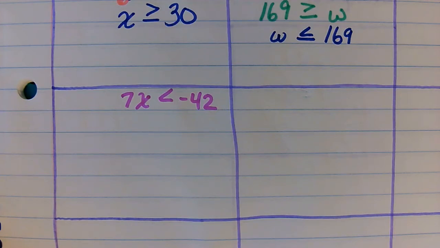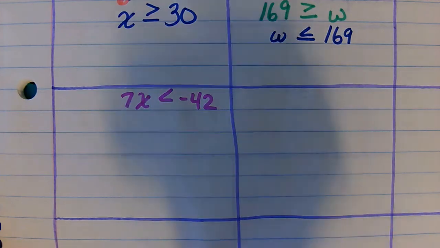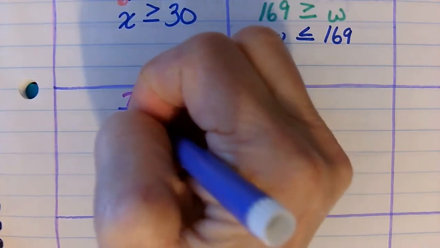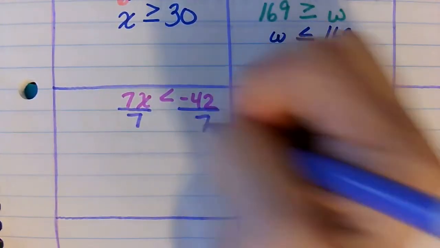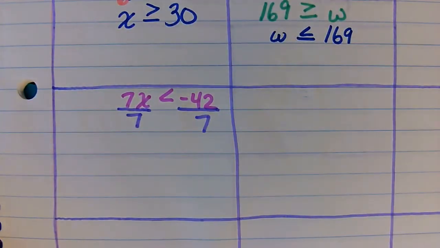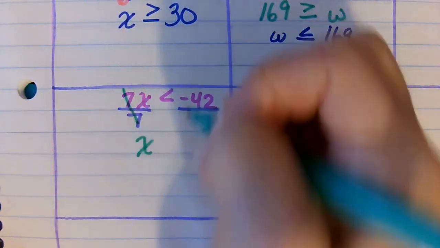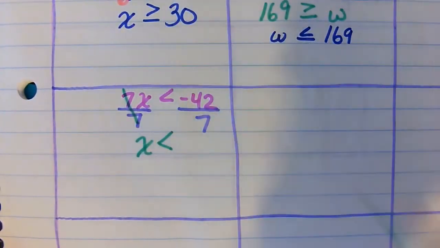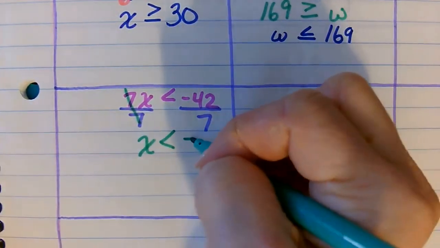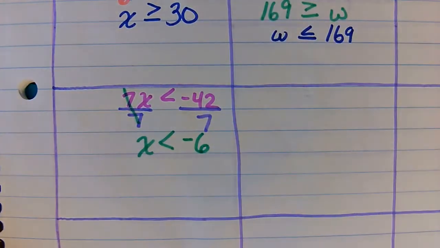We want to get x by itself, so we're going to divide by 7 on both sides, using your fraction bar. Then we cancel out the 7s because they divide and leave you with 1x. Bring down the less than symbol, and negative 42 divided by 7 is negative 6. Like I said, as we go, you can stop the video, practice this yourself, and then check your work.